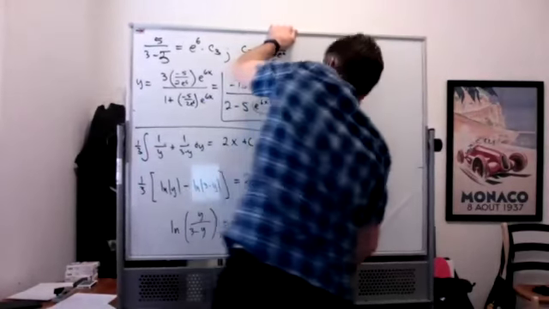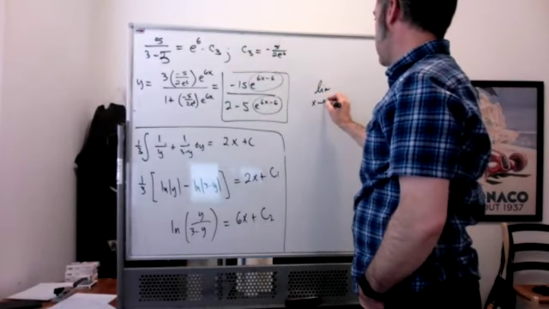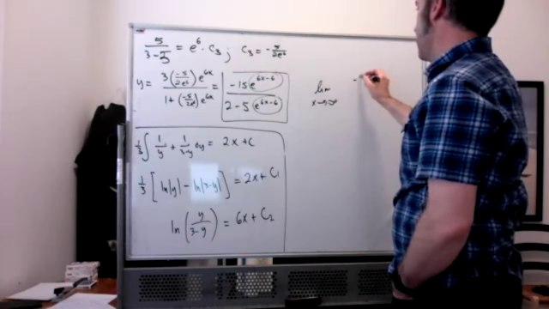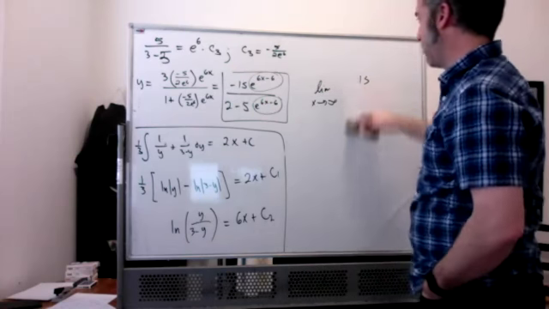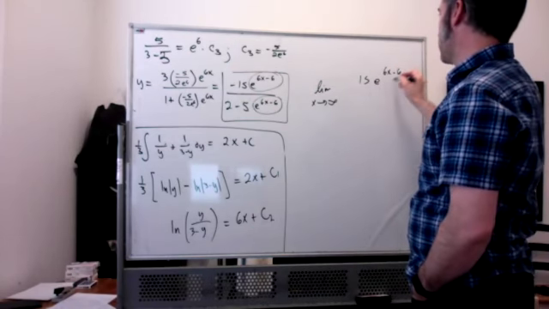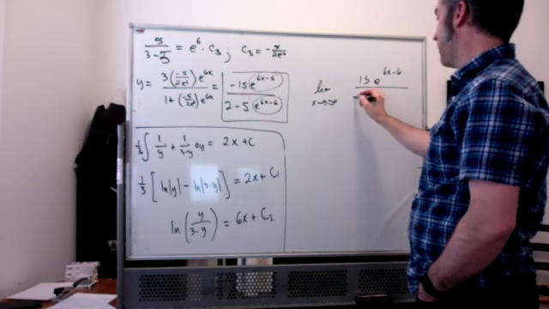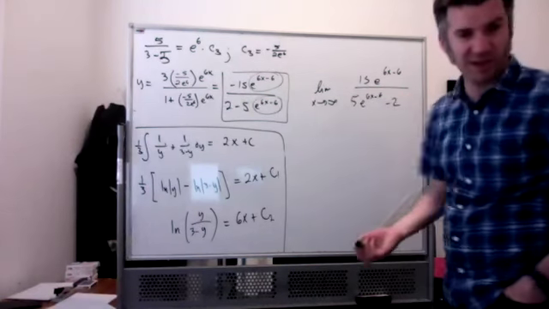that if you were asking what the limit of this was, the limit as x goes to infinity of negative 15, I would probably multiply the top and bottom by negative 1. Right, this is positive 15 e to the 6x minus 6 over 5 e to the 6x minus 6 minus 2, right? That just seems a little bit nicer.